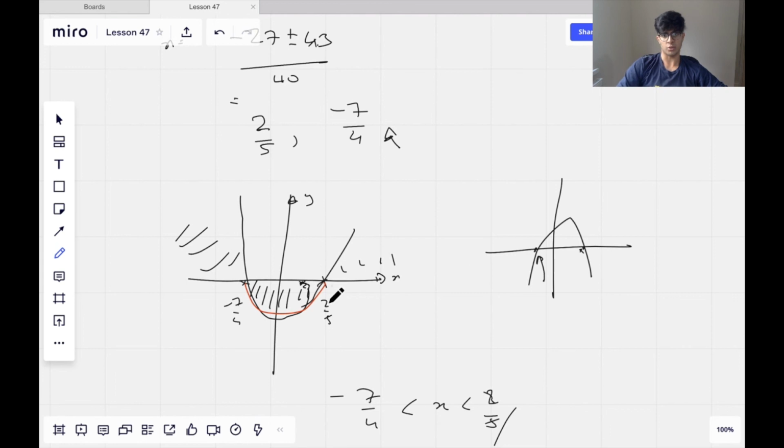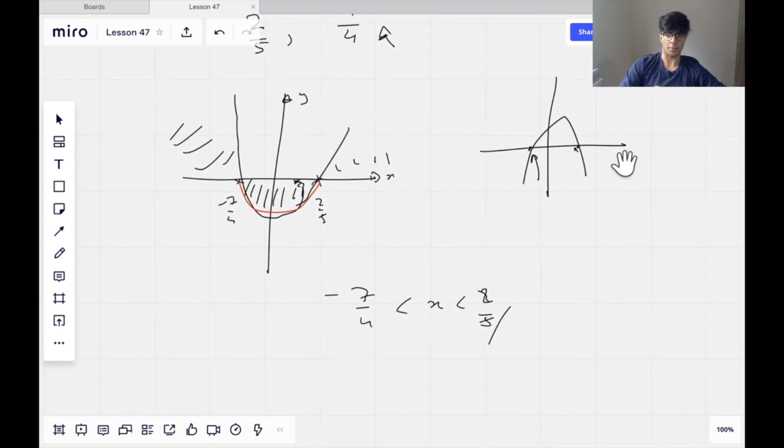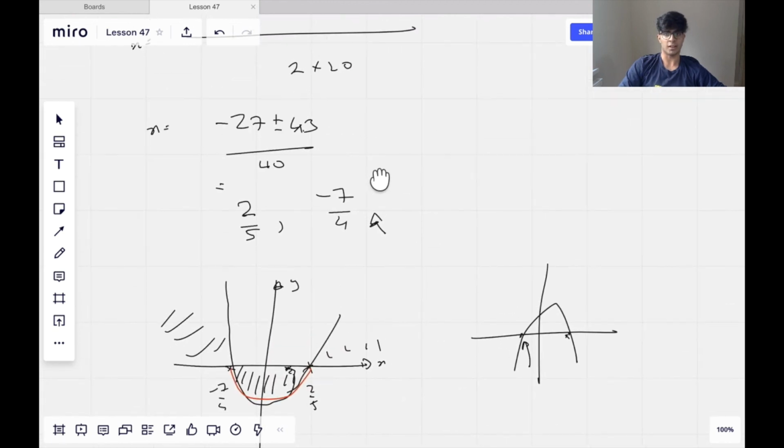Whereas with a positive parabola, if it's greater than, you're looking at larger than one number and less than another, two separate regions. But with a negative parabola, you'd only have in between two numbers. So just watch out with negative parabolas. Hopefully that all made sense, and I'll see you guys in the next video.